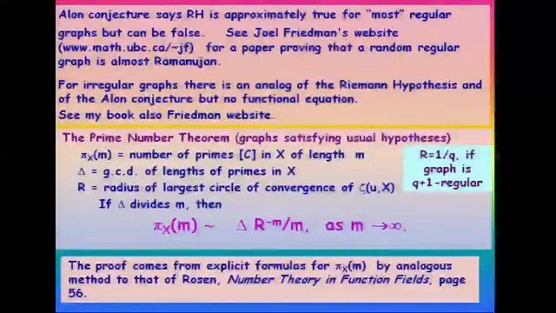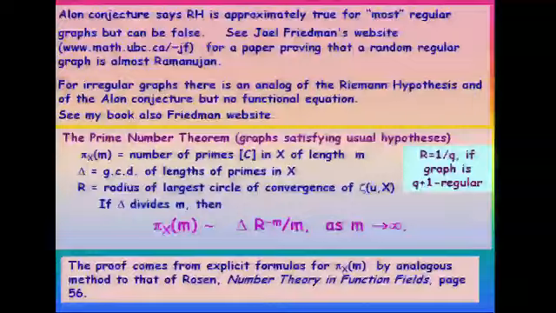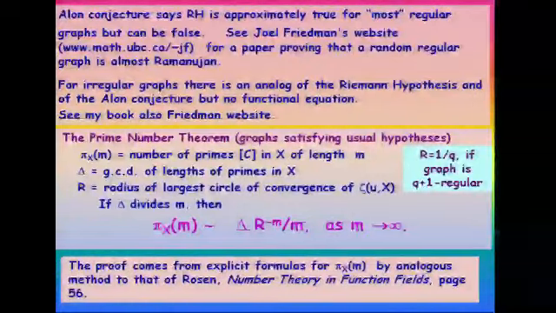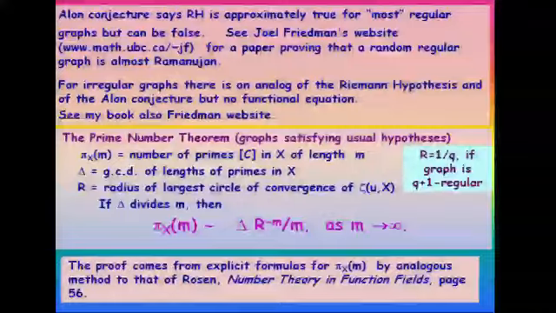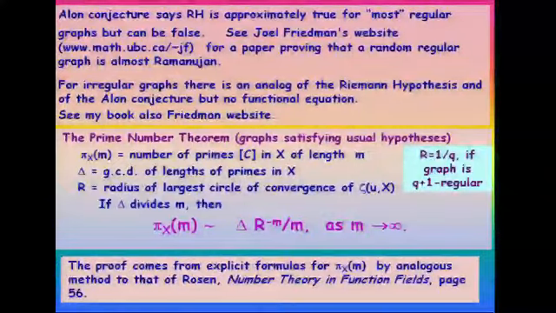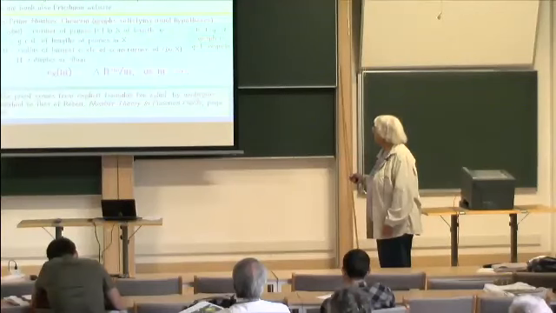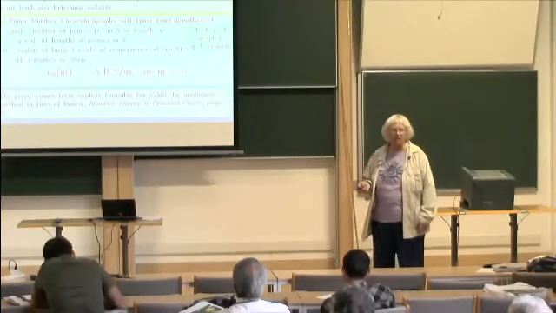It's similar to the one that occurs in counting prime geodesics on compact Riemann surfaces. The proof comes from explicit formulas for π_X(m). I think that was my original title for this talk, that I would look at explicit formulas.